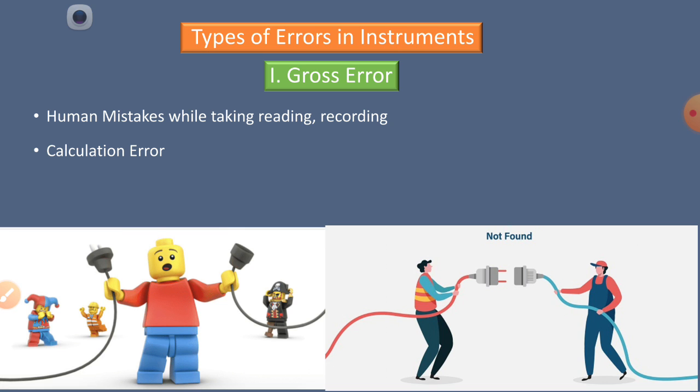The human may misobserve, or, for example, if the meter is reading 21, while writing it he may write 12 instead of 21. That may be a wrong value. That comes under gross errors.